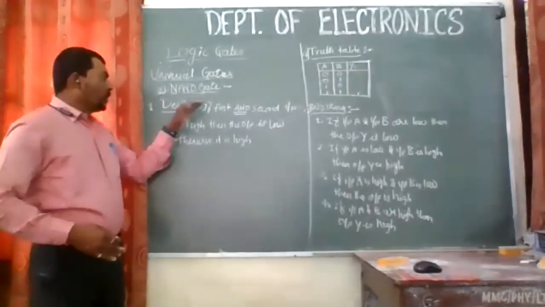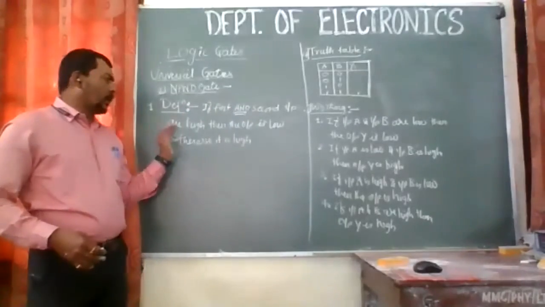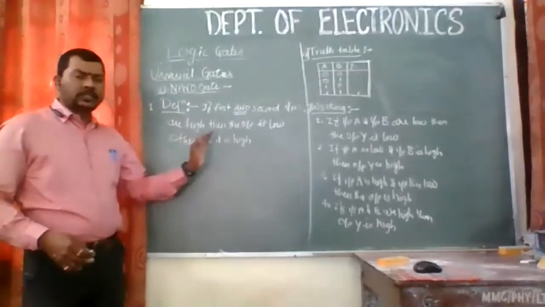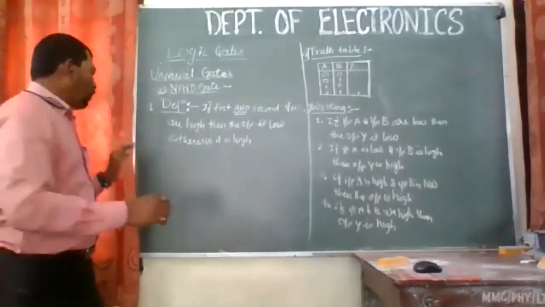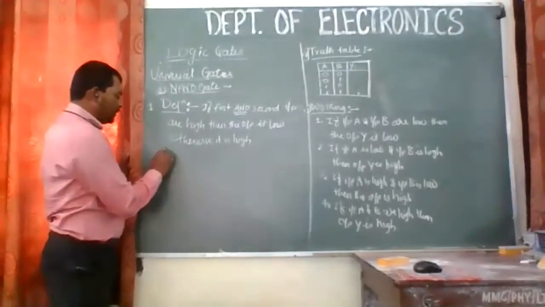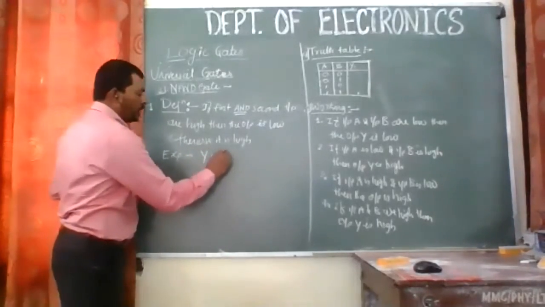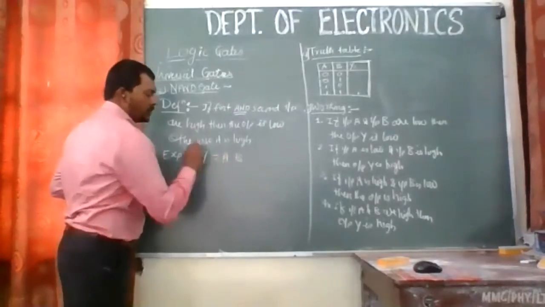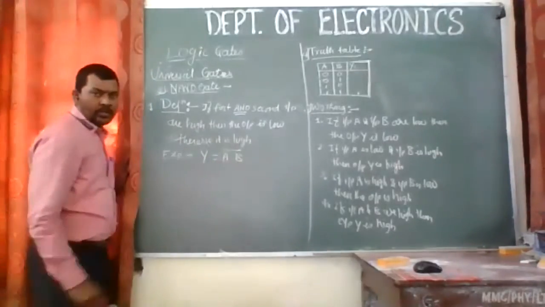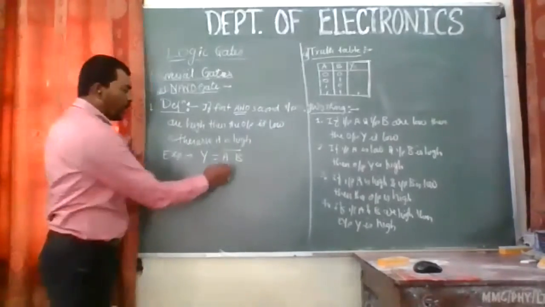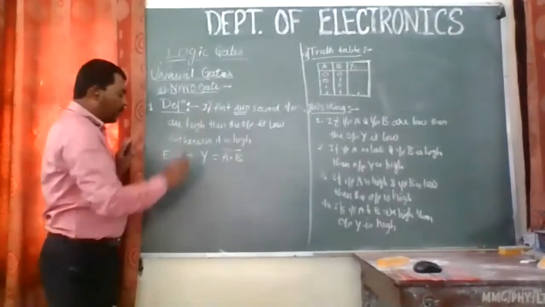Then what about the expression? The expression or the Boolean formula will be the same, Y equal to A dot B. We just need a complement over there. So Y equal to (A dot B) complement.